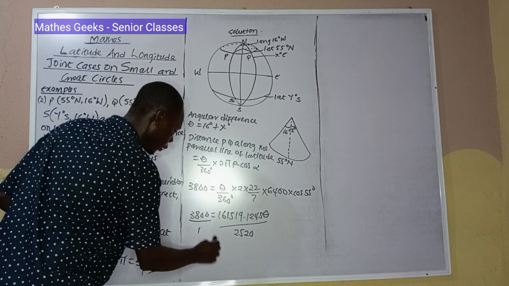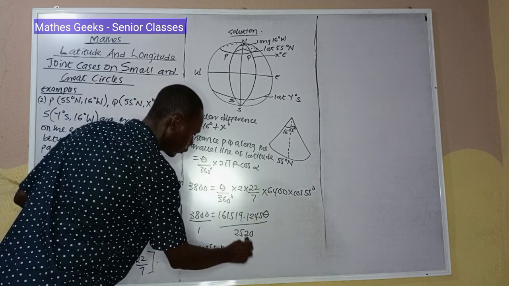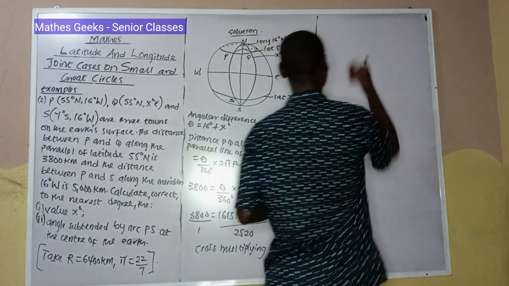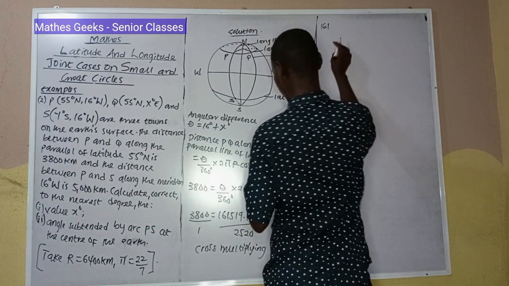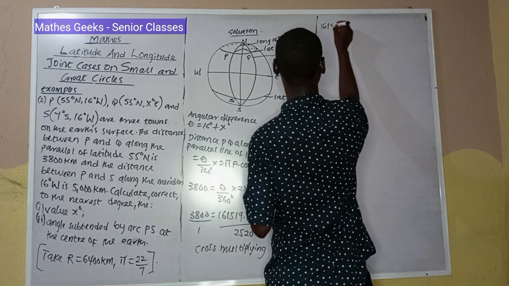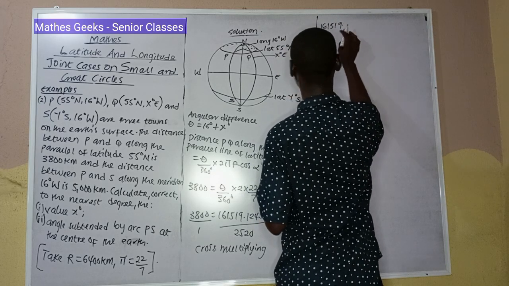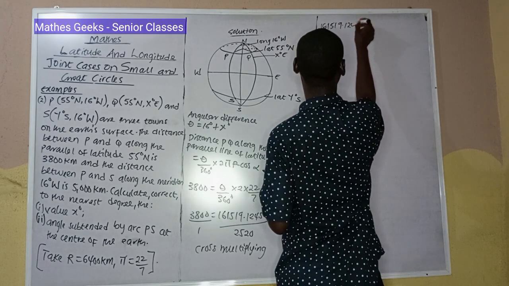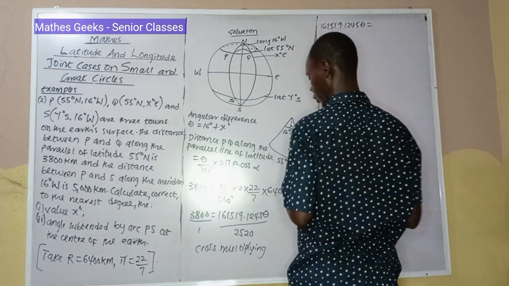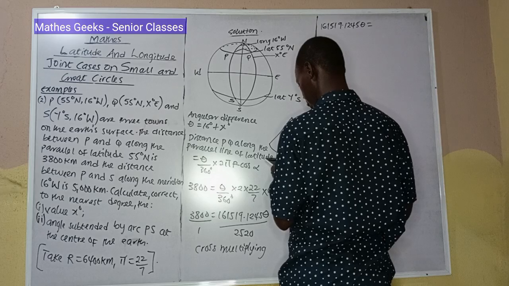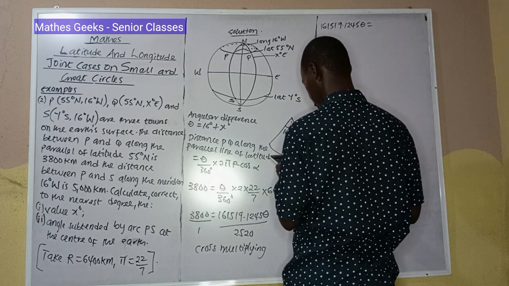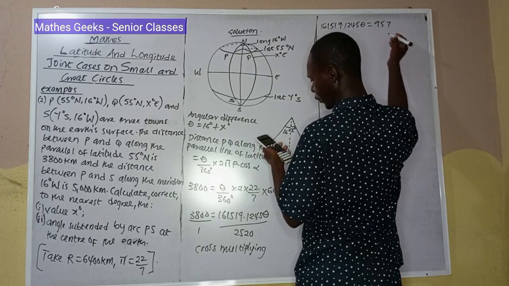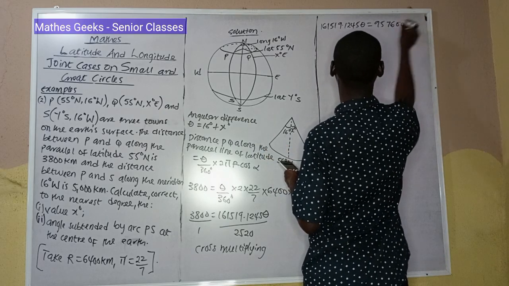So cross multiplying, 161,519.1245 theta is equal to 3,800 times 2520, which is 957,600.